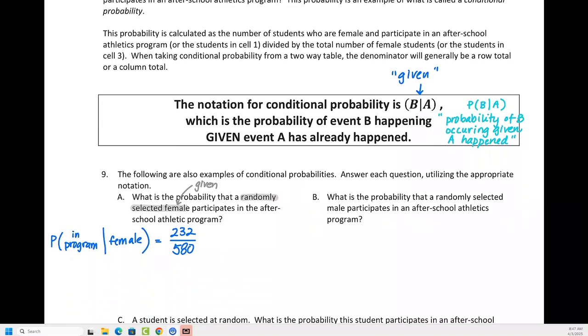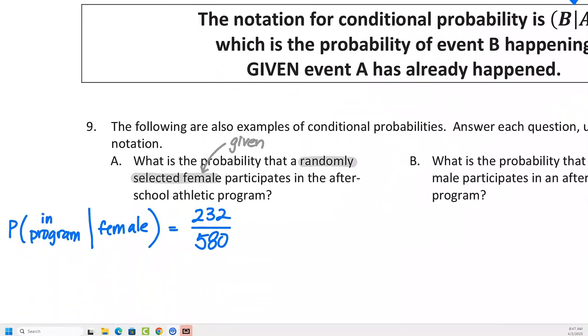Can I just tell you what that's going to be? We'll use a calculator to calculate that. And that's going to be 0.4. Usually I'll write that one more decimal place, just because, 40%.